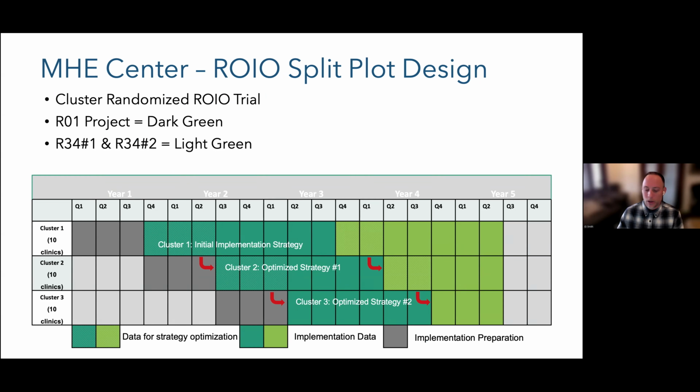This allows us to test main effects and interaction effects, to see if the strategies we use in the initial project are enhanced by or work synergistically with additional strategies that are meant to address specific implementation barriers that we've already identified with our community partners. So pretty cool that we're going to be able to do this.